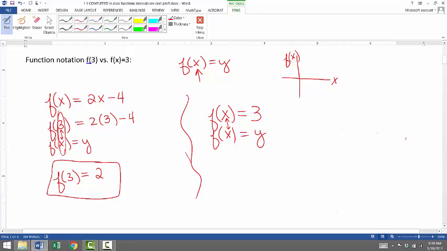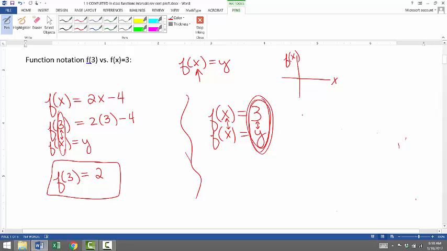X is still the variable x. This time I've replaced the y with 3. So when I say that f of x is 3, we're saying y is 3. The f of x is 3. The output value is 3.